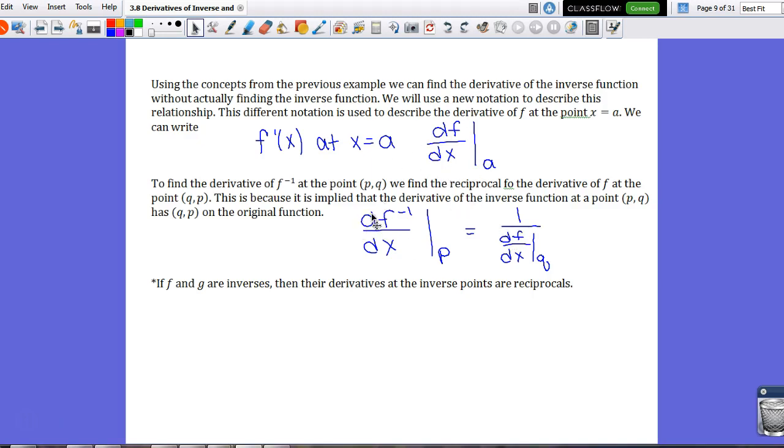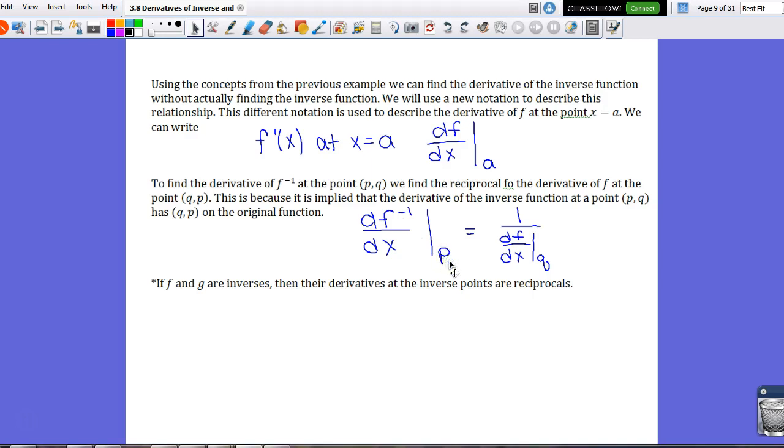So now we're taking that same idea and we're using it with inverses. So this stands for the derivative of the inverse function with respect to variable x at point P. So that point P represents the y value of the original, because this is the inverse.